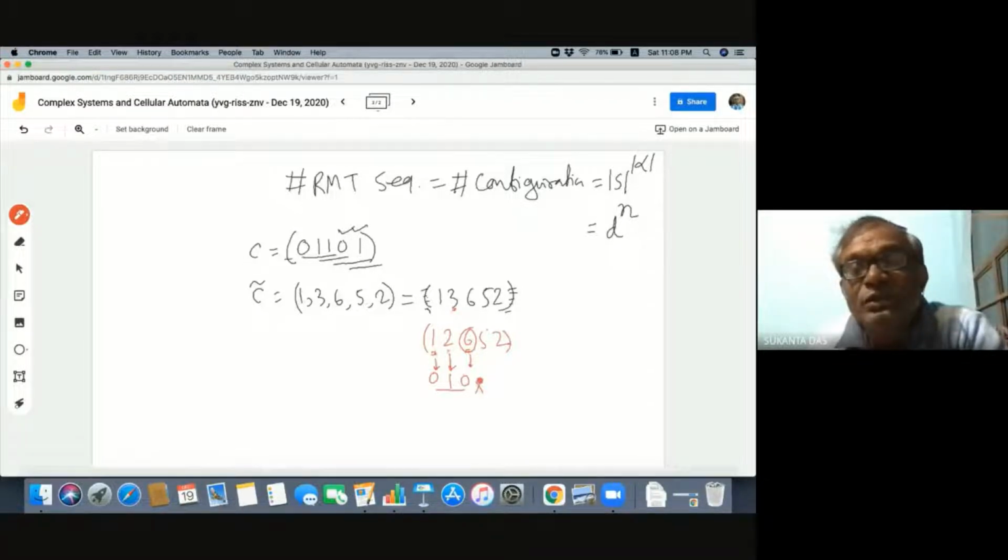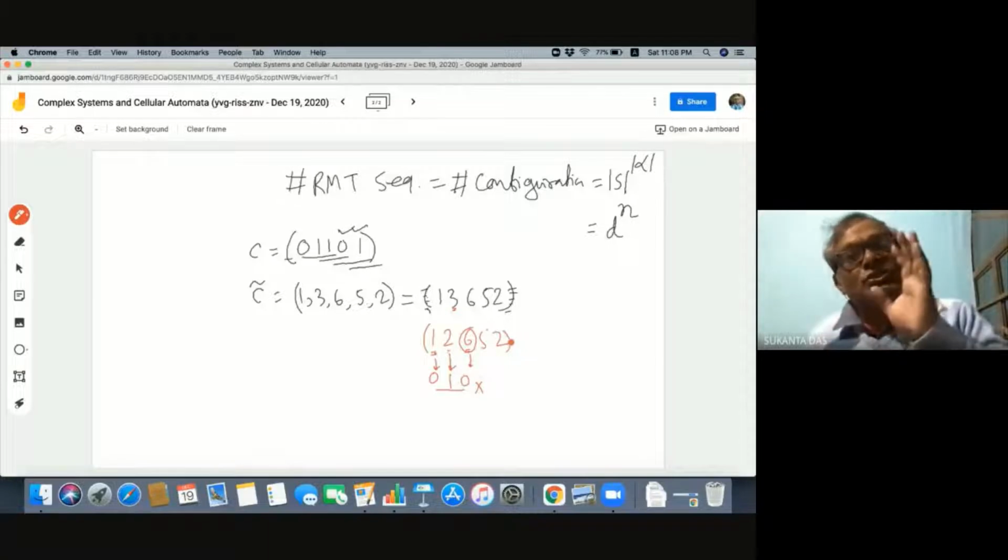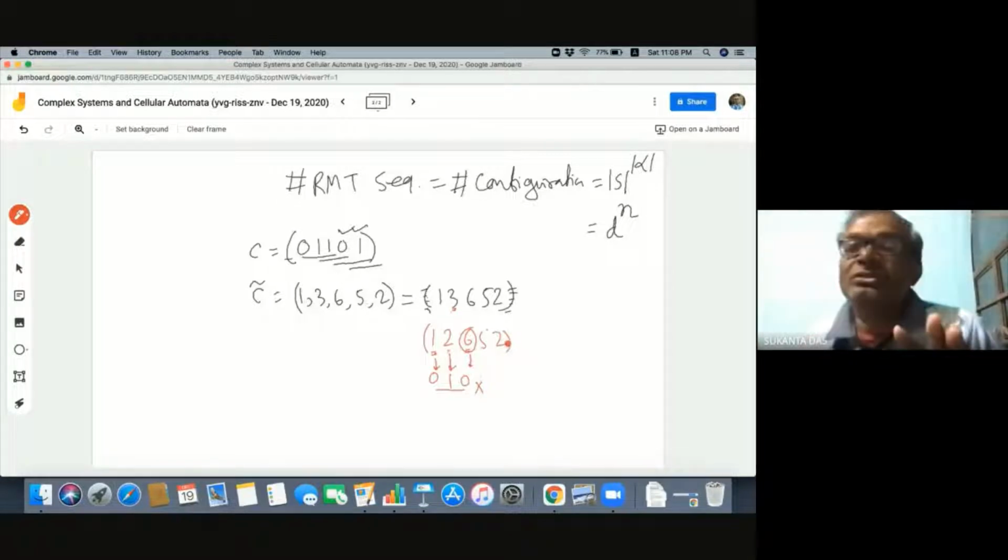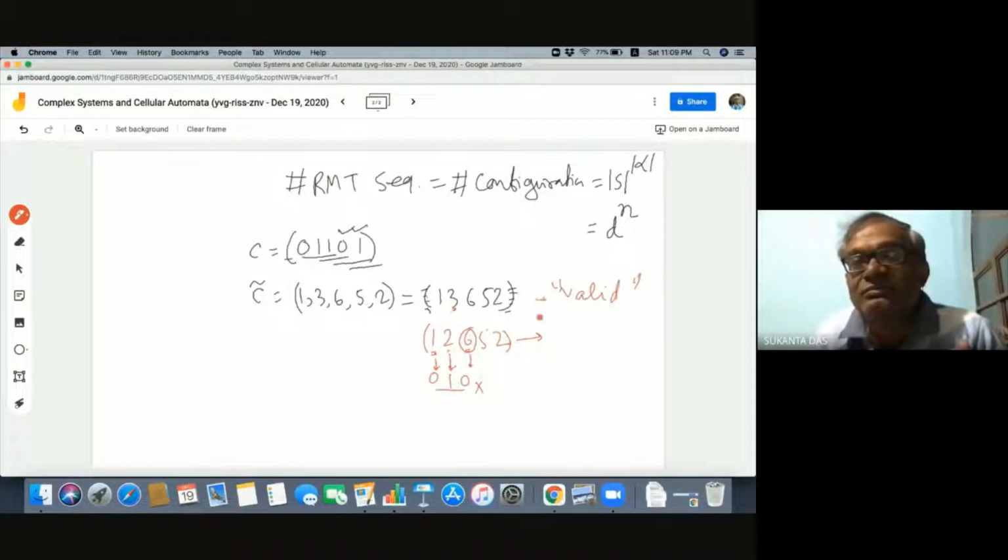Therefore, this is a sequence of some RMTs, but it does not correspond to a configuration. So therefore, not valid. This configuration is valid. Here, invalid.